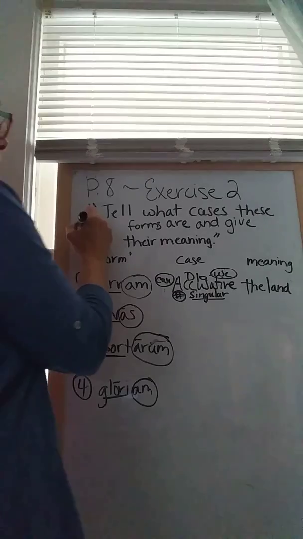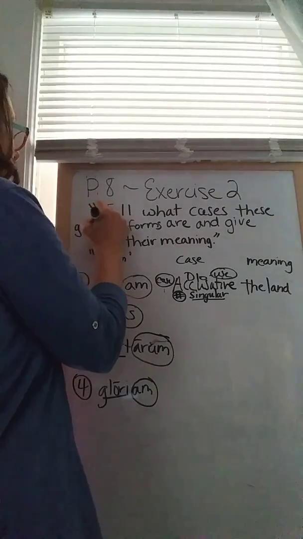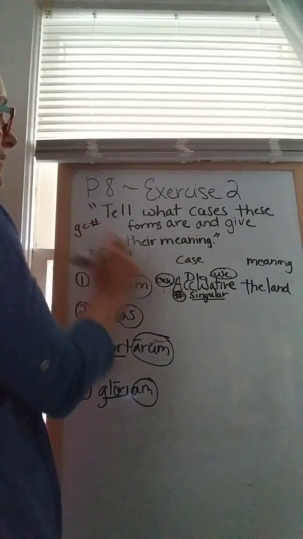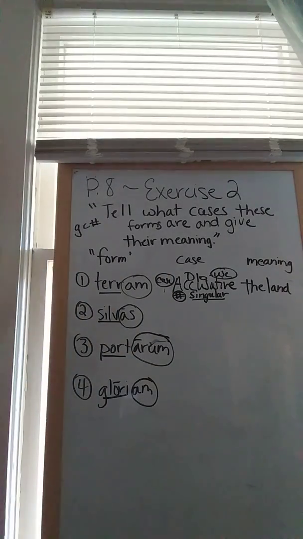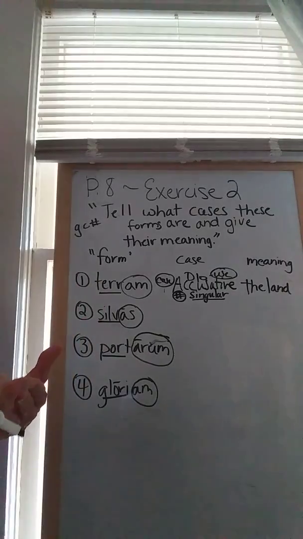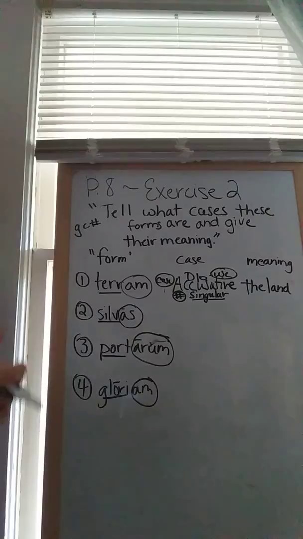So gender, case, and number. The gender would be feminine, the case would be accusative, and the number would be singular. I like to add the direct object because when I'm learning about a word, I want to know everything about it. And that helps a lot.